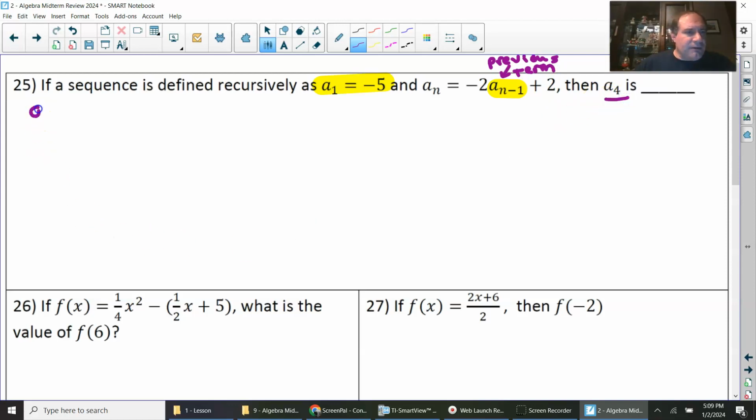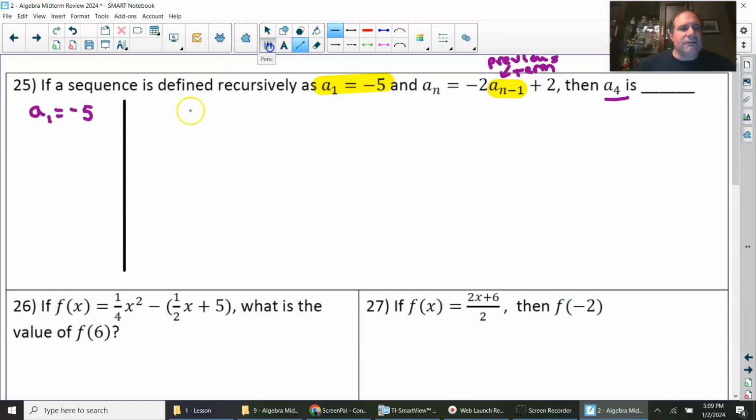So I'm going to start with a sub 1. Do they give you a sub 1? Yes, they do. A sub 1 is negative 5. You don't have to figure that out. The next term that you have to find is a sub 2. So my n is a sub 2. So a sub 2 equals, and here's my formula. This is negative 2. This is multiplication.